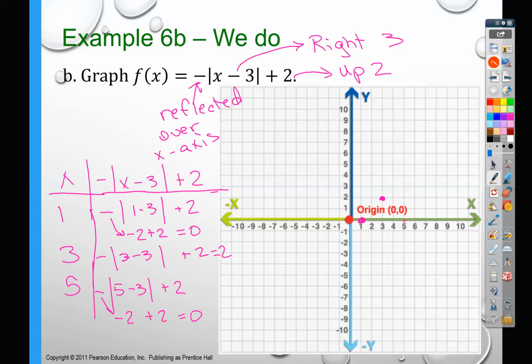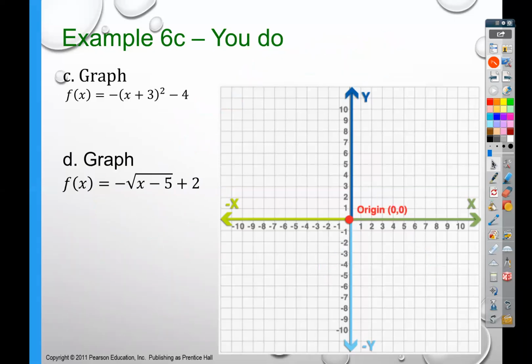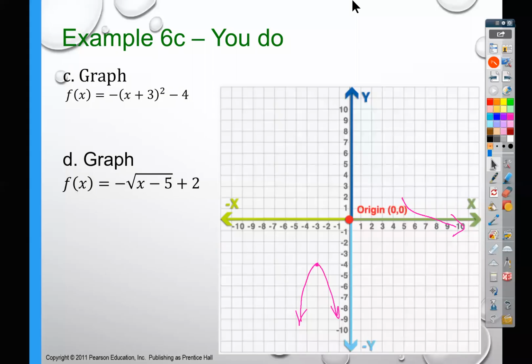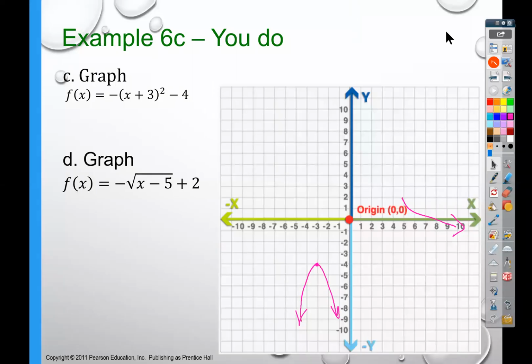So 5, 0. And I have what I thought I was going to have. So again, let's check it. We're going to the right 3, up 2, and we reflected it downward. Now you get to do some. Okay, and your graph should look something like this.